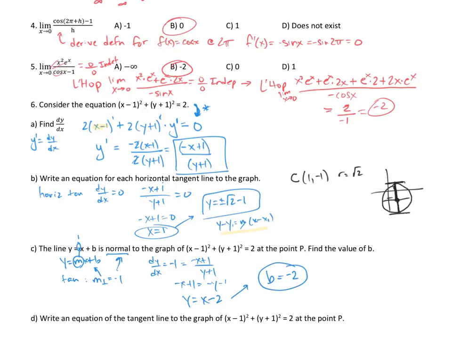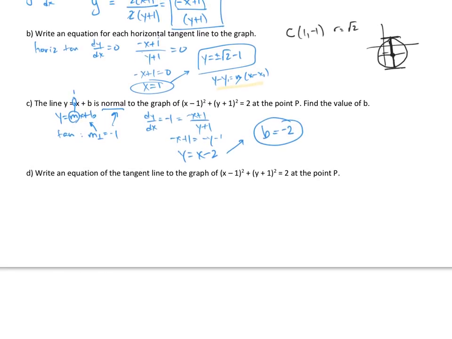All right, let's slide this up a little bit here and look at that last one. For this one, it says, write an equation of the tangent line to the graph at the point P. Okay, since we know that this is at point P, that this is a normal, and they told us our tangent line is going to be y equals mx plus b, of course, and here our tangent would be m equals -1, which we just solved for, because we knew that from the problem right above.